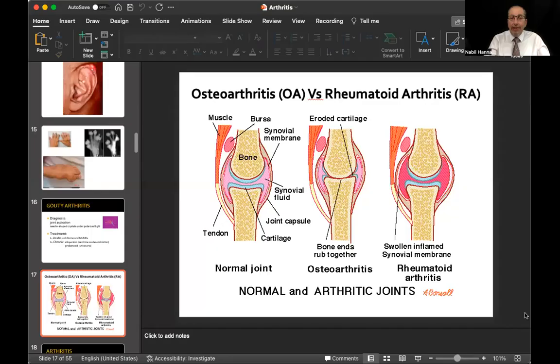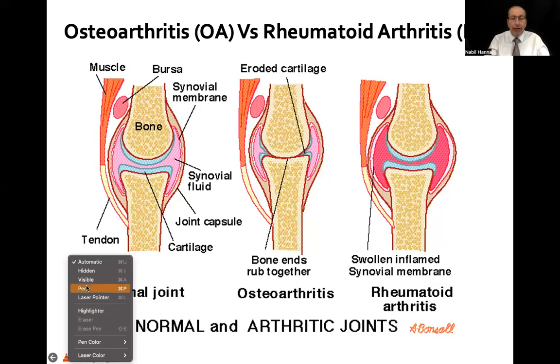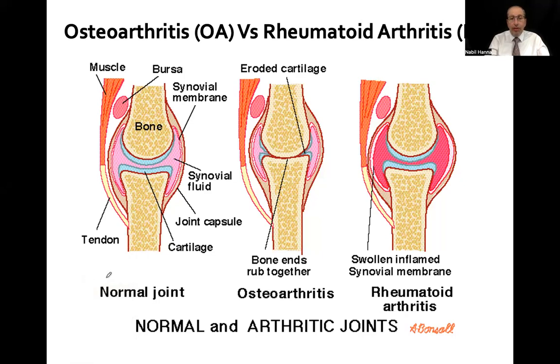We will discuss osteoarthritis and rheumatoid arthritis as a comparison to appreciate the similarities and differences between the two conditions. If we compare a joint that has osteoarthritis with a normal joint, we will find that there is loss of the joint space because the articular cartilage has degenerated.